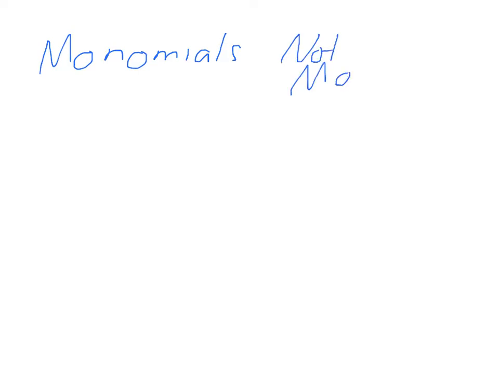Let's take a look for a second at what could be a monomial and what's not a monomial. So let's make two columns here. We're going to do monomials and not monomials. Now, if you look at the word monomials, you'll see it starts with mono.